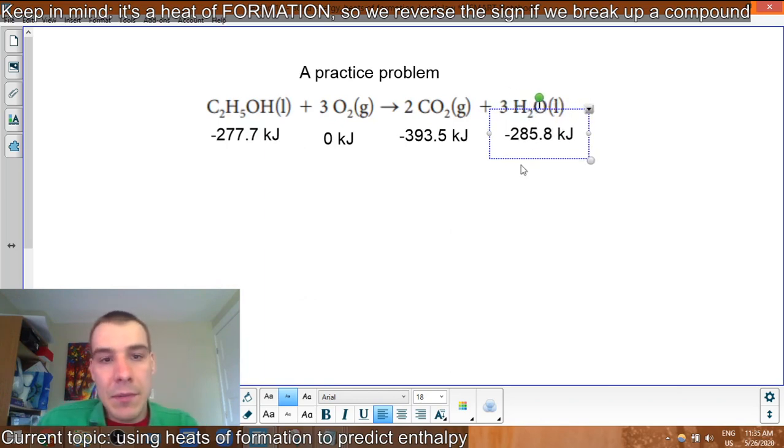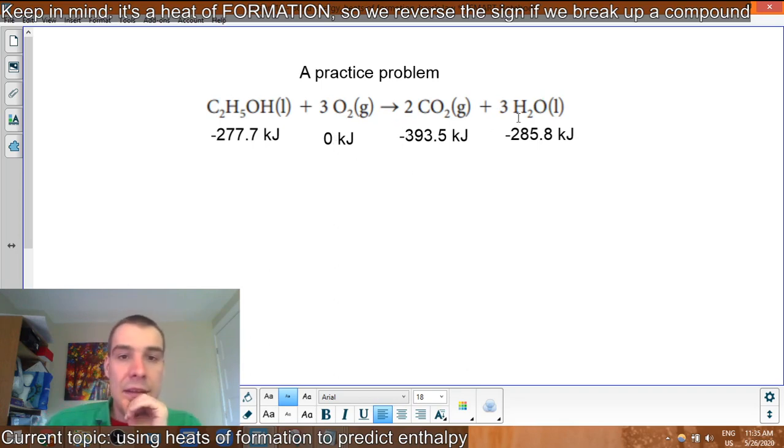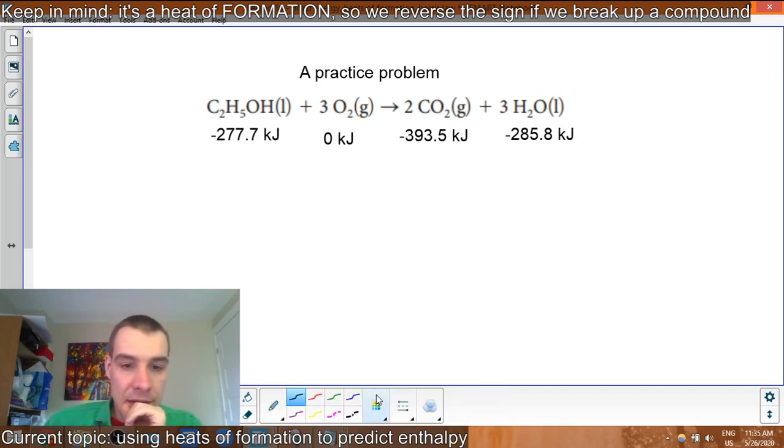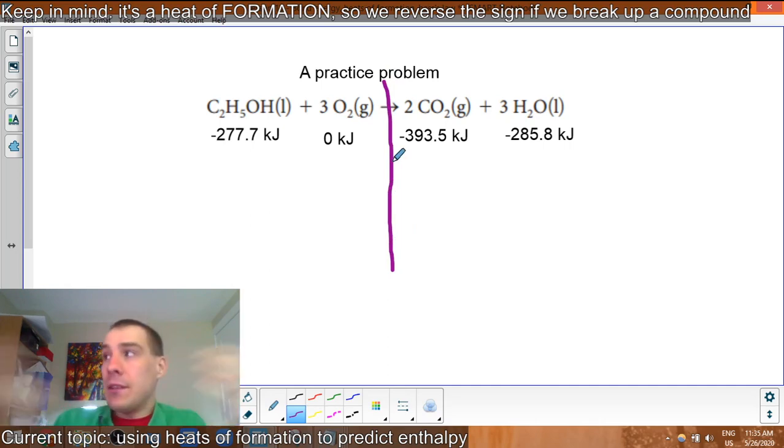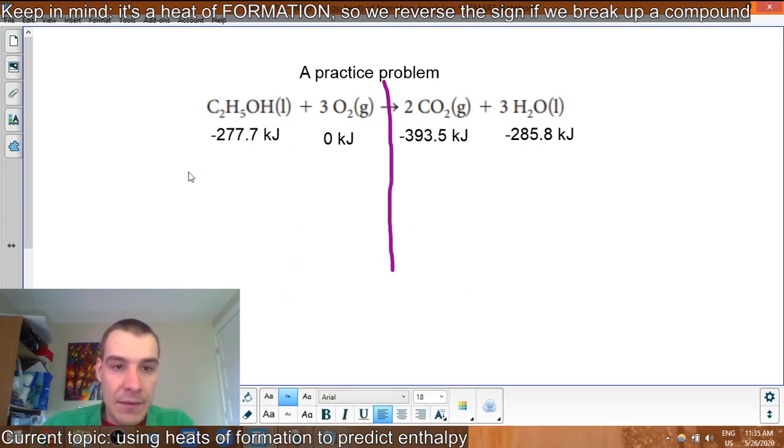Okay, now we're going to apply the changes that are based on where they are in the reaction. This is the reaction arrow. So everything on the left side is not being formed, it's being broken up, and so we have to flip it, right? We have to flip this one.